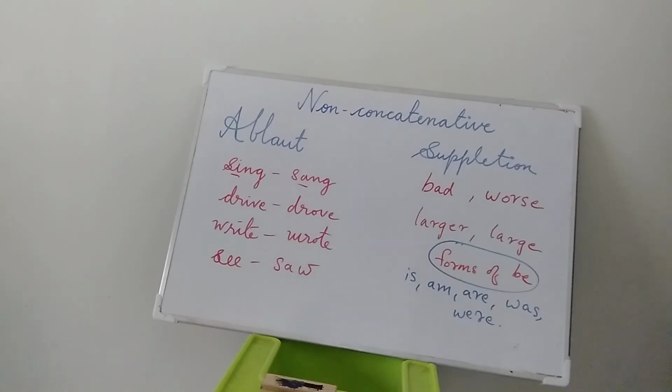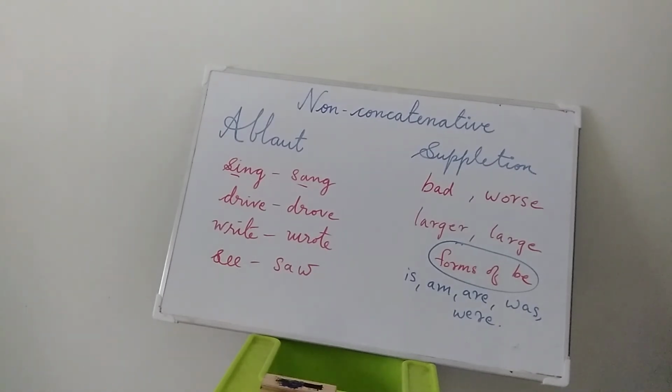And let's move on to the other method, that is suppletion. Another non-concatenative process. Take for example, bad and worse. See, both these words have somewhat the same meaning. Almost the same meaning. So again, large and larger, these words convey around the same meaning. Then the different forms of be, is, am, are, was, were, all these are considered as different forms of be.